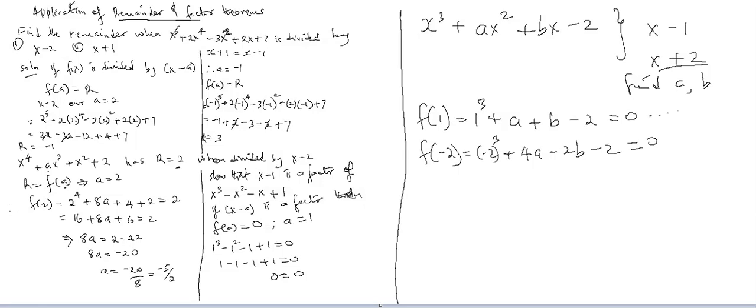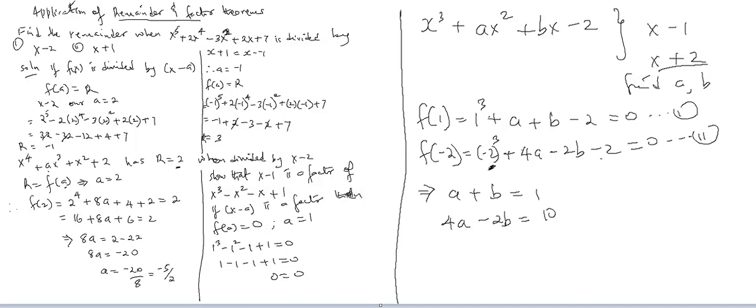So if this is the first equation and this is the second equation, from the first equation you can see that a plus b is equal to 1. And from the second equation, we can see that 4a minus 2b is equal to 10. Because this is negative 8, negative 2, negative 10.